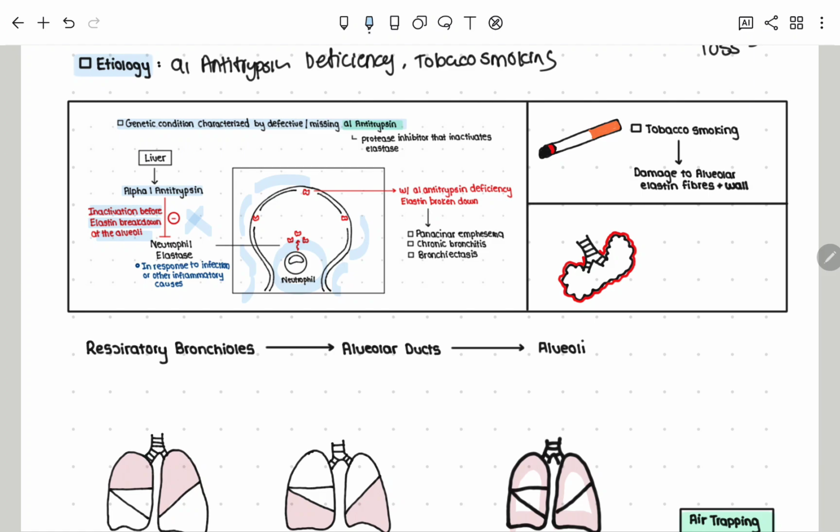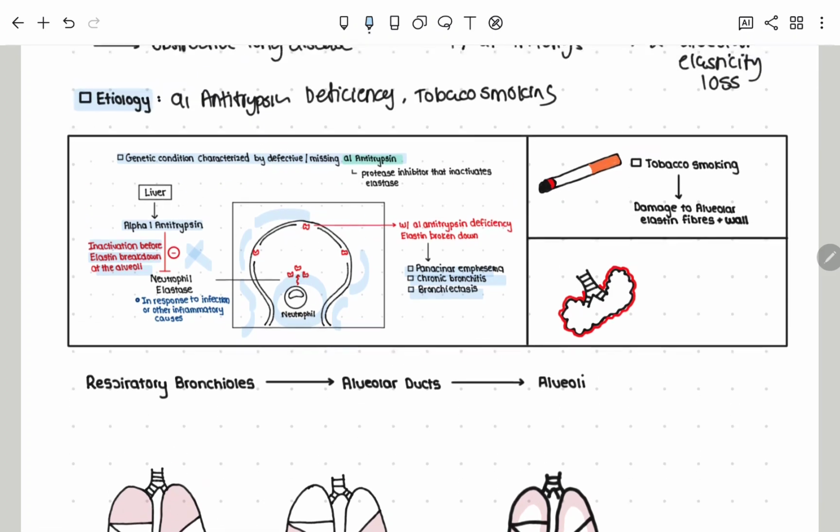So with alpha-1 antitrypsin deficiency, elastin can be broken down, and you can see panacinar emphysema. You increase the risk of chronic bronchitis, and you increase the risk of bronchiectasis. Another etiology of emphysema is tobacco smoking, which damages the alveoli and the elastin fibers of the wall directly. So just don't smoke.